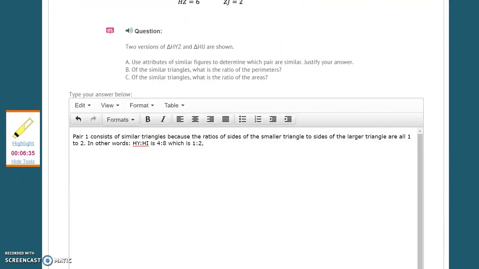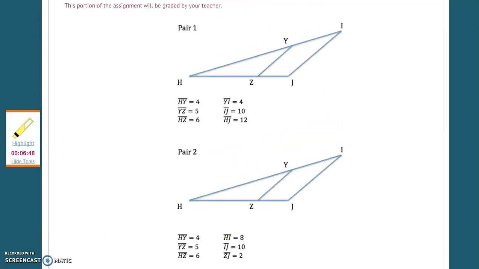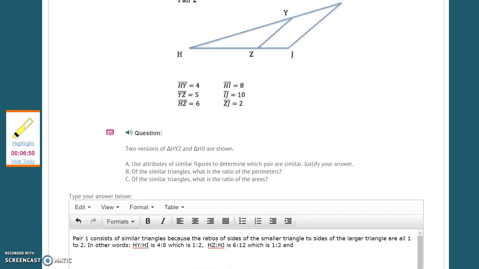HZ to HJ is 6 to 12, which is 1 to 2. And YZ to IJ is 5 to 10, which is 1 to 2.